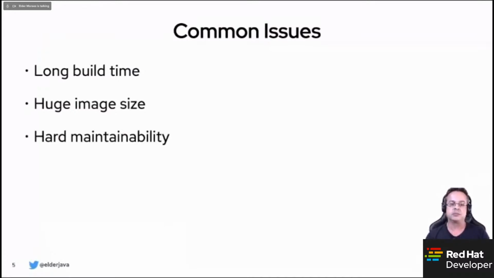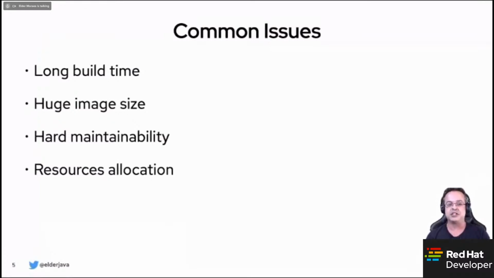Another aspect is maintainability, because you will not only maintain your application. Now you need to maintain also your image, the image that will host your application. So how can we make the way that we manage the maintainability of our images easier? And the last point of our session today is resource allocation, which, especially for Java, you need to take care of in order to be successful.